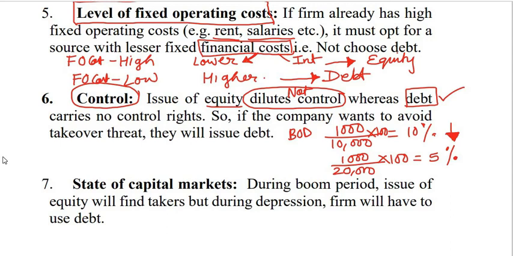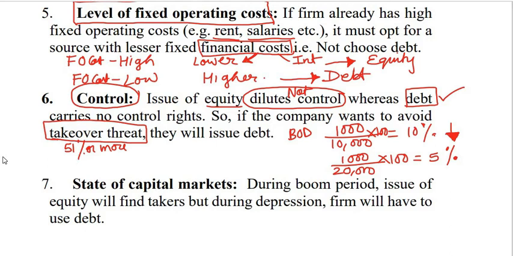And one more thing, sometimes a company may face a takeover threat. A takeover threat is when some company buys 51% or more shares of your company, and that company can take over your company. So if you feel that somebody is buying the shares in the market and you are facing a takeover threat, they may take over your company in future.